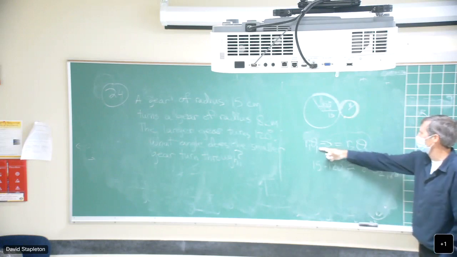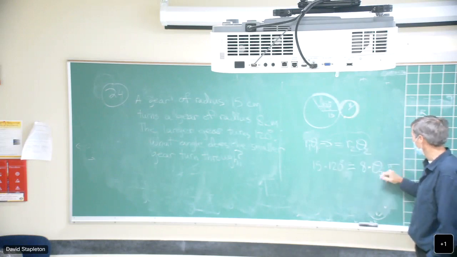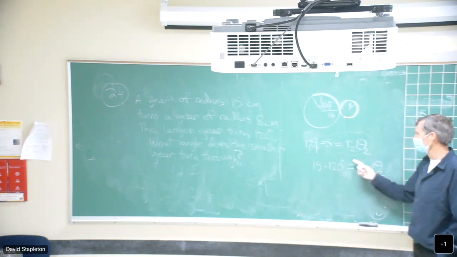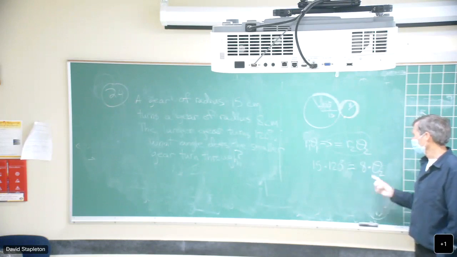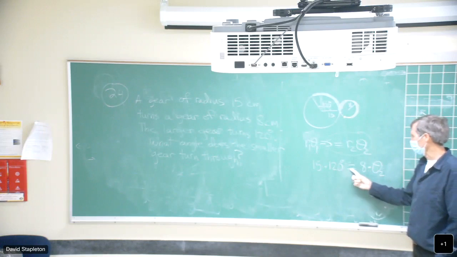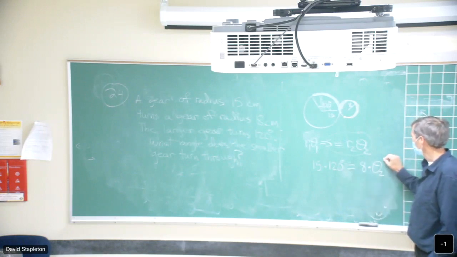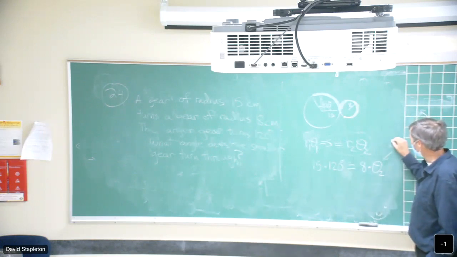So this formula, R1 theta 1 equals R2 theta 2, works either in degrees or radians because I can cancel the conversion factor out. So I'll just write it like this, even though this isn't S anymore. You multiply by pi over 180 to get S.